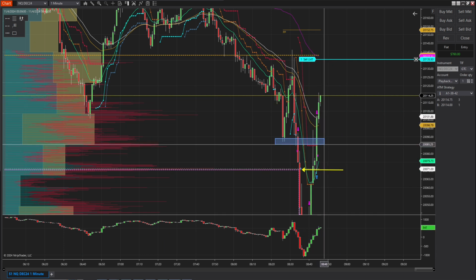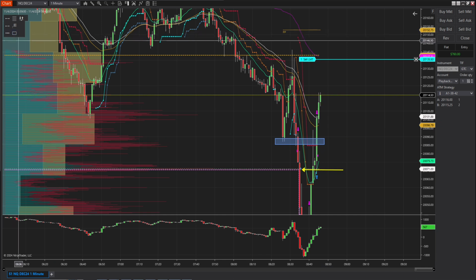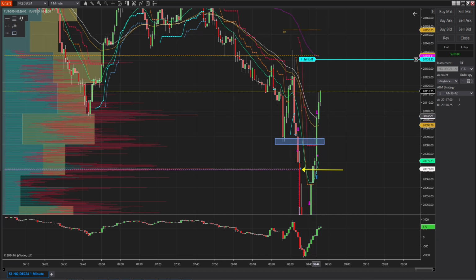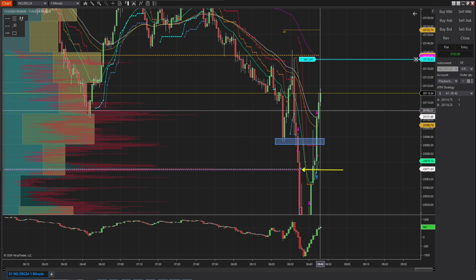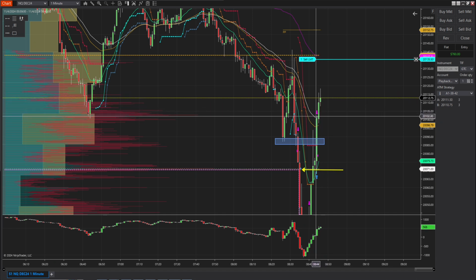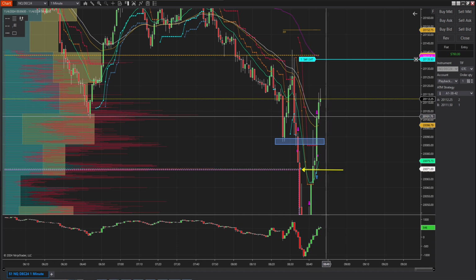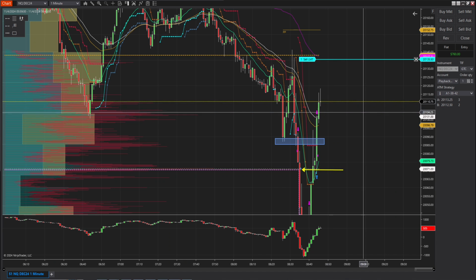There is also another concept of fair value gap, which is high of this candle and then this candle will try to meet the high of this. So it is like this, the high of this candle and low of that candle.